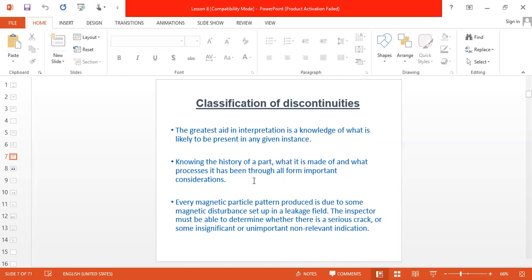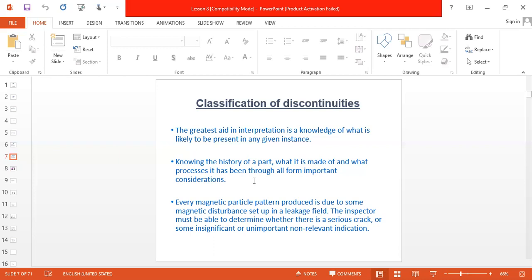If you don't know which type of defect is there, then we can't detect the discontinuities. We can't do testing properly. So that's why, as an NDT inspector, we should know what type of defect comes in weld, in forging, in casting, and the location as well. Then based on location, we can use MT, PT, VT, RT.